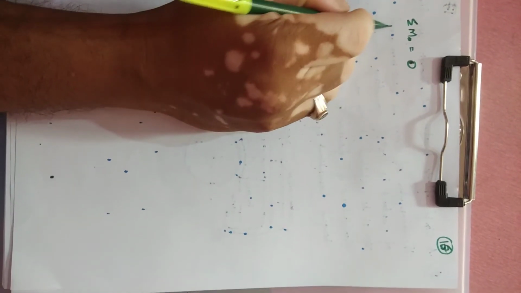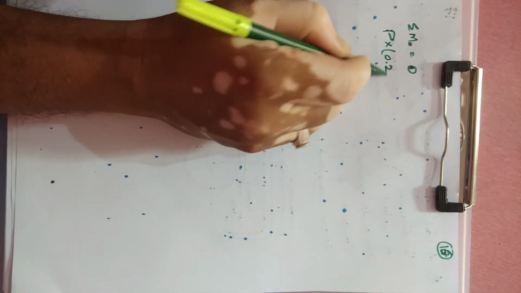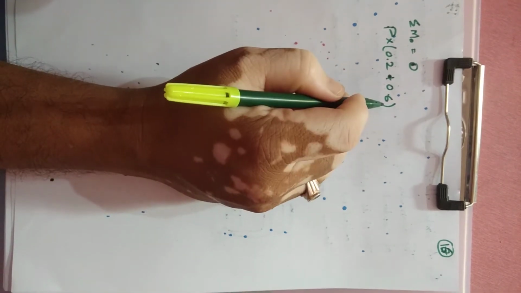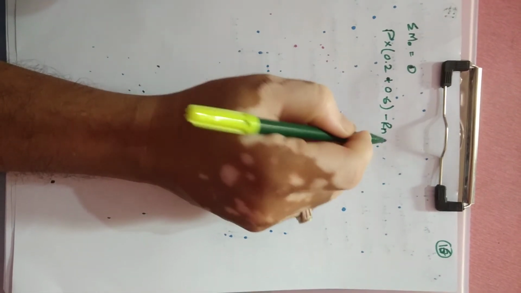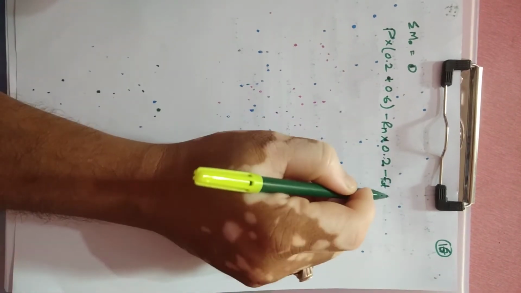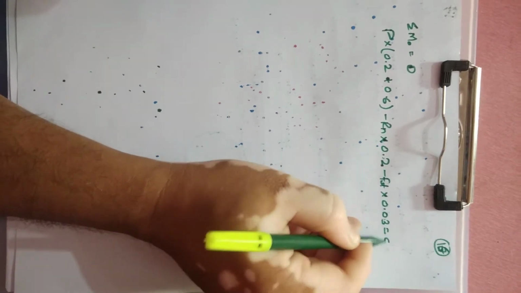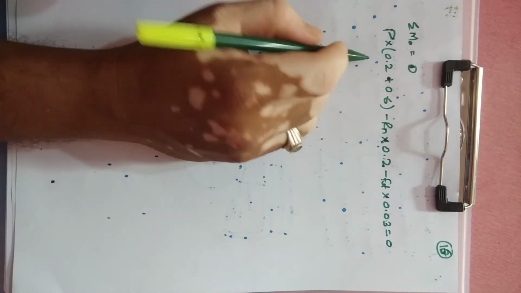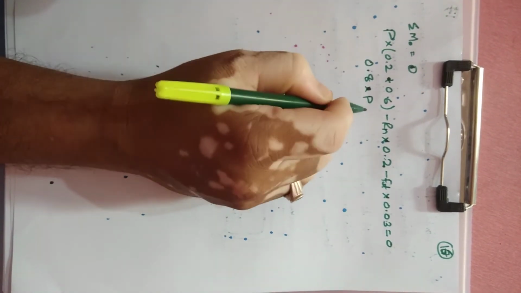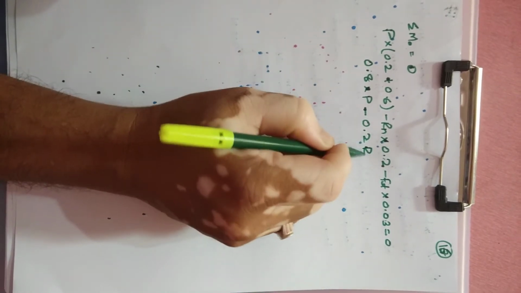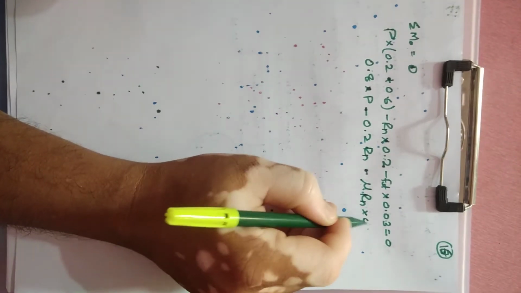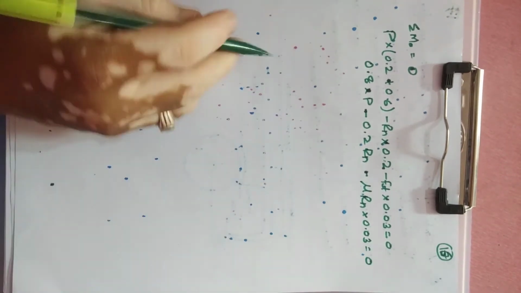Now P into (0.2 plus 0.6), that is 0.8, minus Rn into 0.2 minus Ft into 0.03, equals 0. Now 0.8 into P minus 0.2 Rn minus mu Rn into 0.03 equals 0.